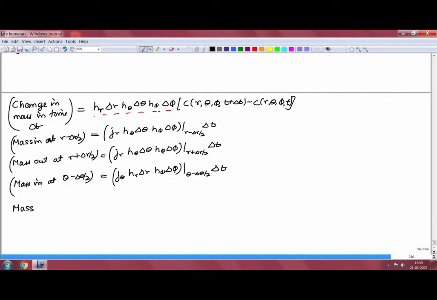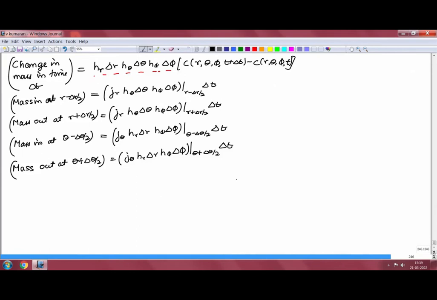Similarly, there is mass out, j theta h r, and there are two further contributions to the flux from the surface. Mass in at phi minus and mass out at phi plus.